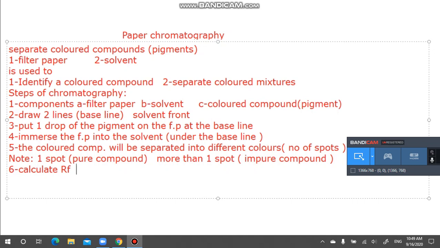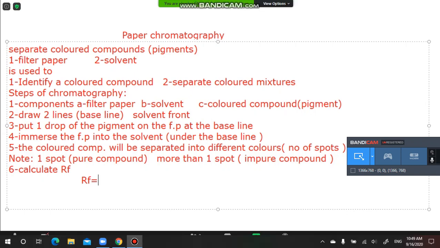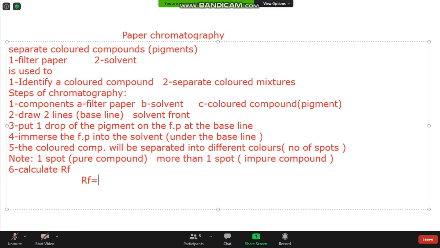What's RF? RF equals the distance from the baseline to the center of the spot. Look with me in page 13, figure 164.